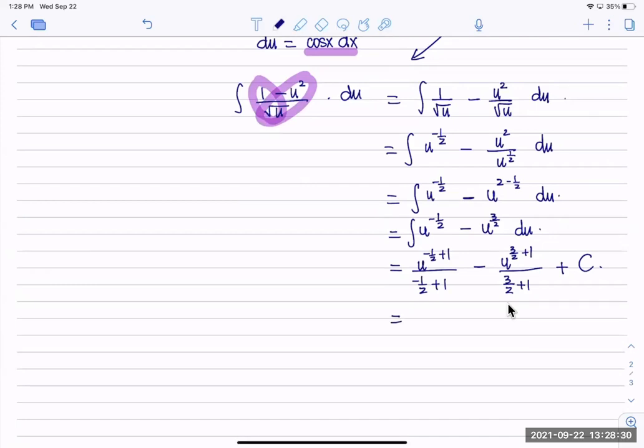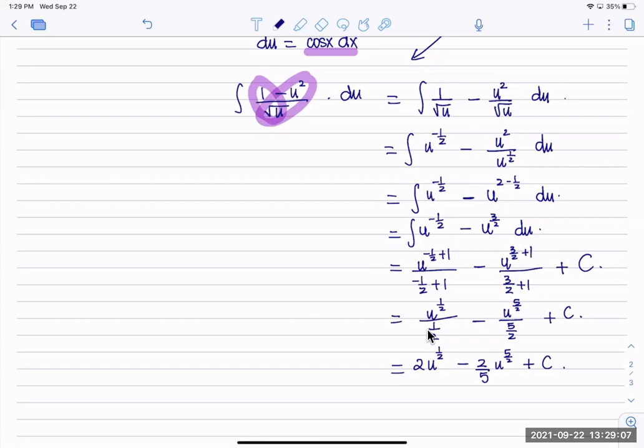I'm gonna have u to the power 1/2 over 1/2 minus u to the power 5/2 over 5/2 plus c. Dividing a fraction means multiplying by the reciprocal. So I can bring this to the top and make it become 2 times u to the power 1/2 minus 2 over 5 u to the power 5/2 plus c. It's pretty long, right?